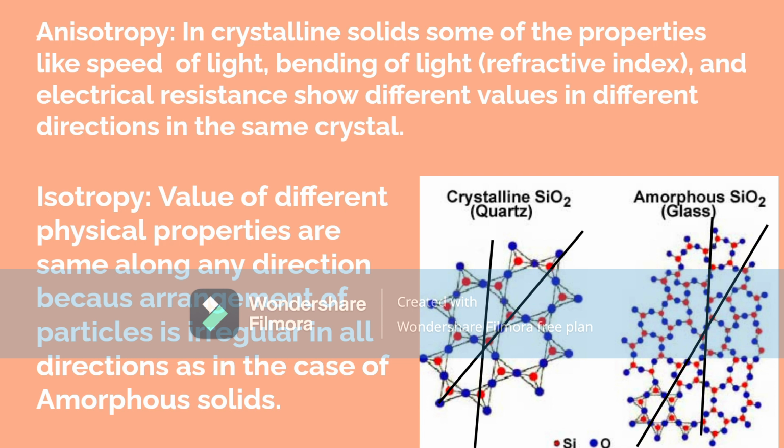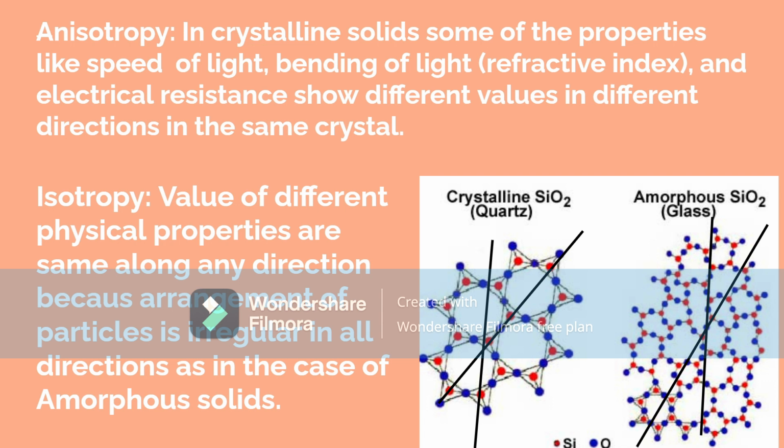Even though they are regularly arranged, in one direction there may be a different arrangement, and in another direction there may be a different arrangement. Suppose in the x direction there is a different arrangement of particles, and in the y direction a different arrangement, and in the z direction a different arrangement of particles.